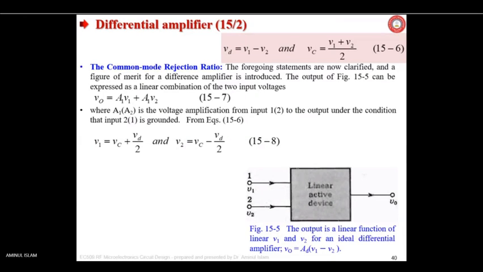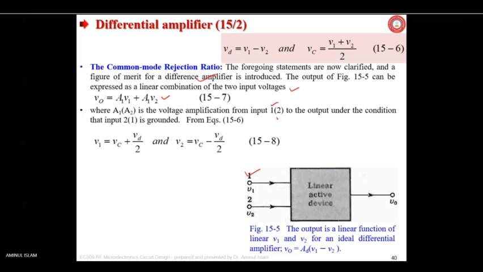The common mode rejection we have already discussed. The foregoing statements are now clarified, and a figure of merit for the difference amplifier is introduced. In this figure, the output can be expressed as a linear combination of the two input voltages, as A1 V1 plus A2 V2, where A1 is the voltage amplification from input 1, I mean this node, and V1.